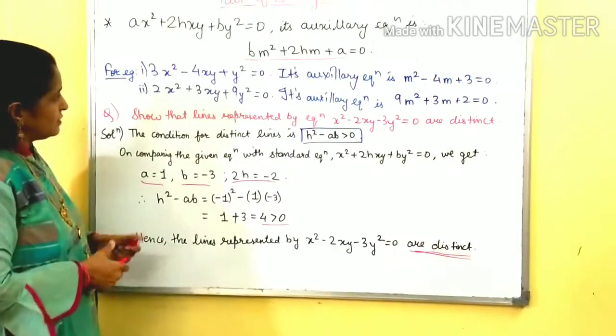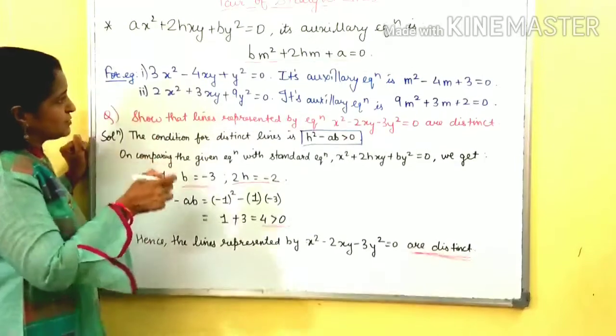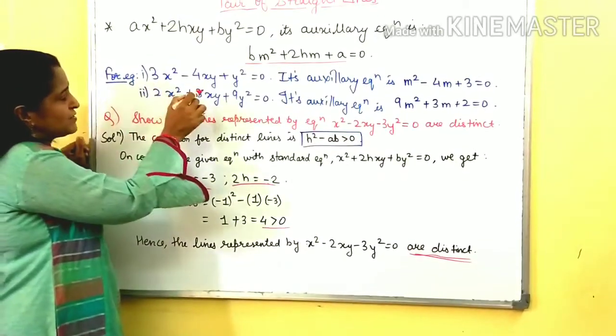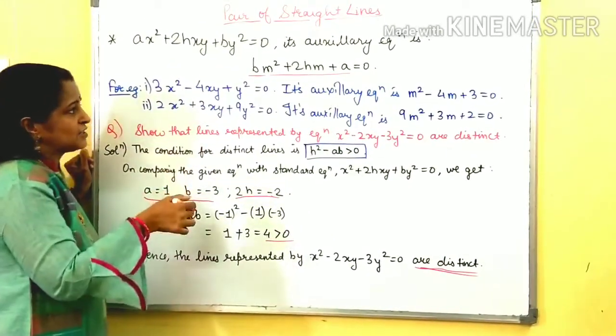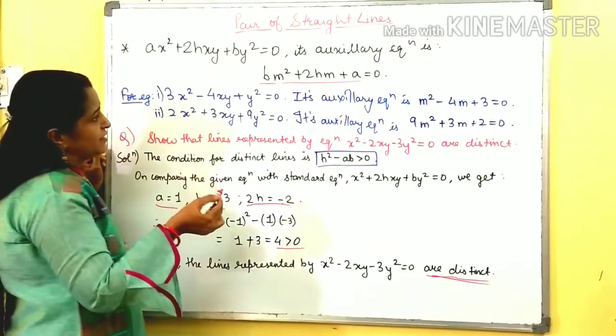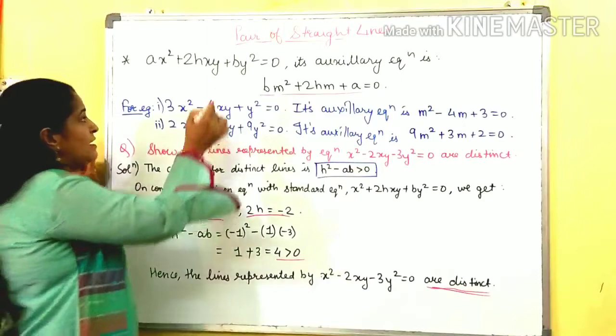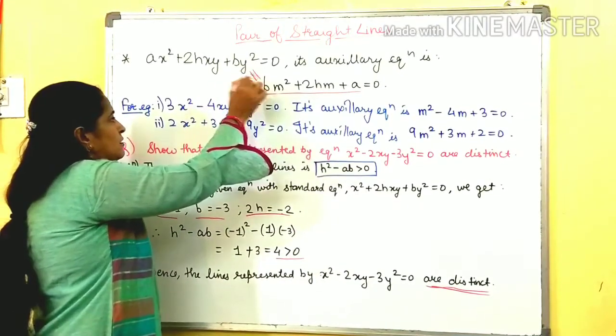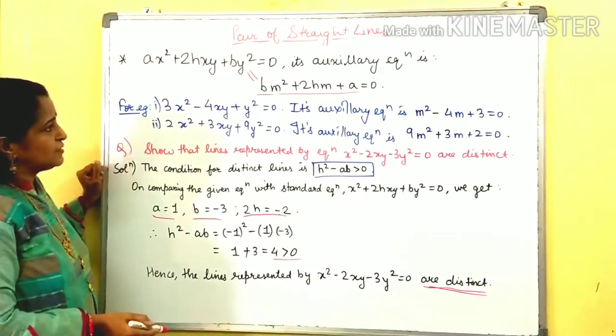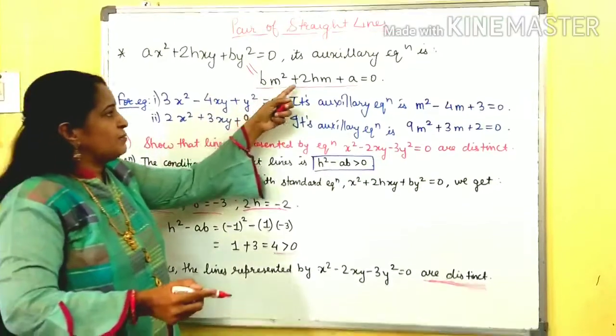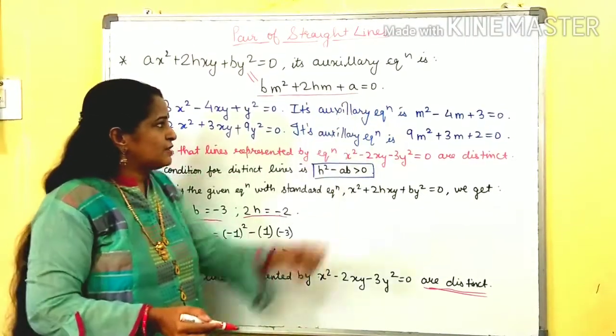Either you can divide all the terms by x square, put y by x is equal to m and get the auxiliary equation, or you can write it by the standard equation, which is bm square plus twice hm plus a is equal to 0.